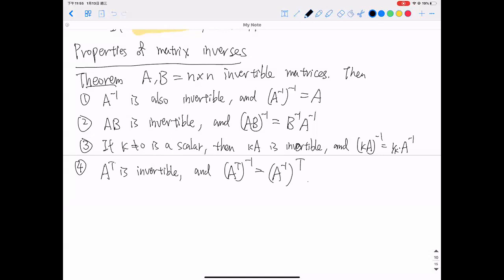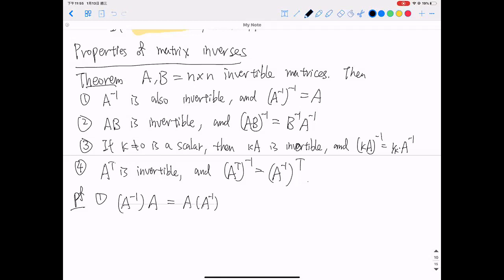Okay, proof. One. So what do we want to do? Let's simply show that A satisfies the requirement for being the inverse of A inverse.